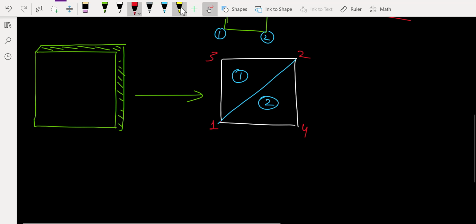Element 1 has node 1, node 2 and node 3, and element 2 has node 1, node 4 and node 2.